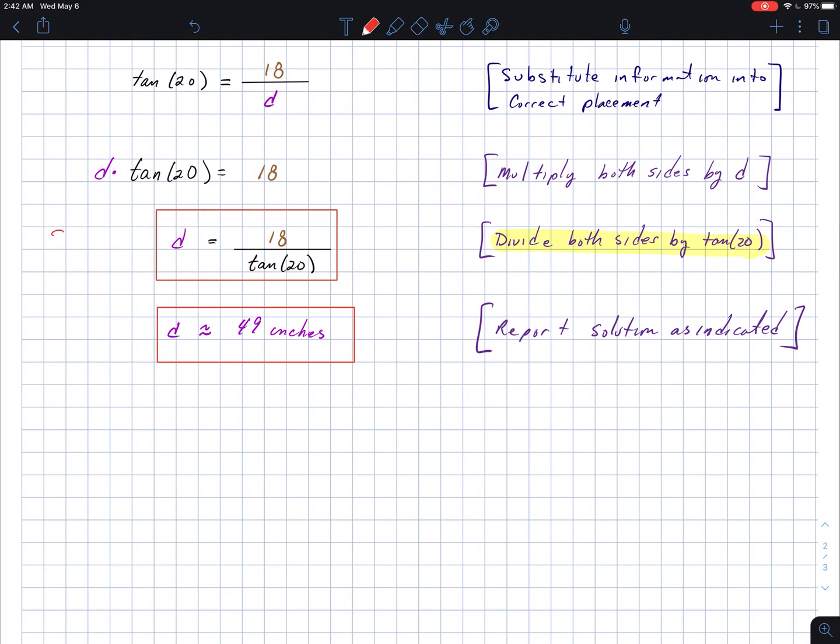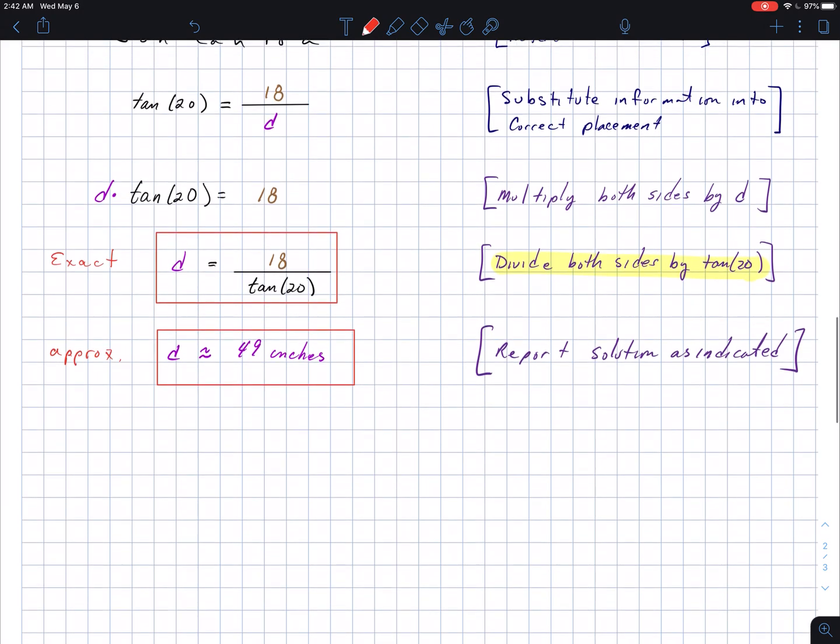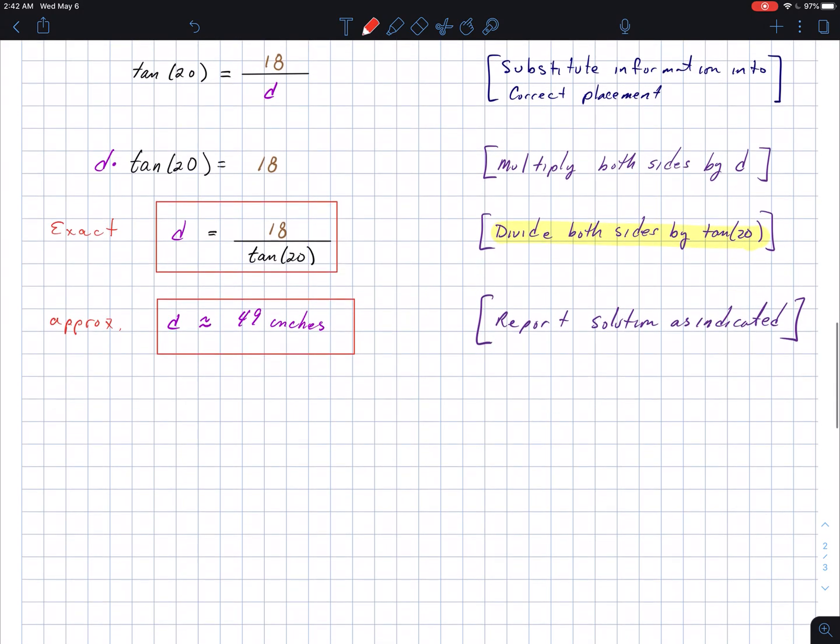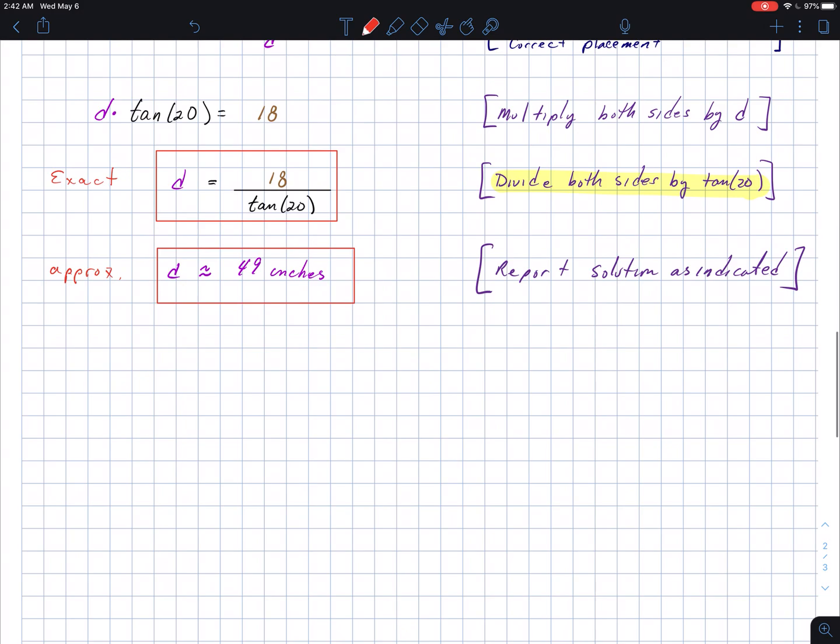So remember, this is the exact solution. This is the approximate. So I literally typed the exact solution right into the calculator. And how I did that is, if you take a look at how I would type in 18 divided by the tan of 20, for example, I would input it into the calculator as such.